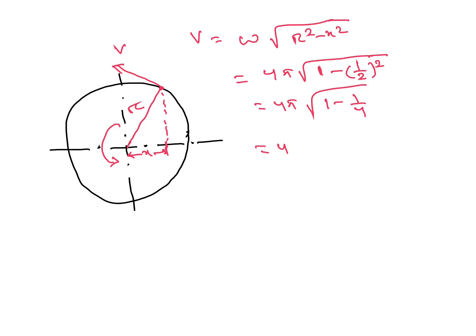So 2 pi root 3 meter per second is our answer. From options, 2 pi root 3, C is our answer.